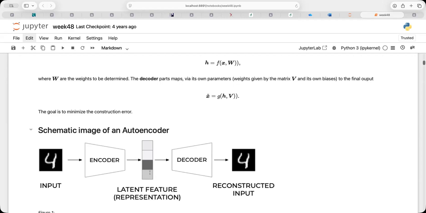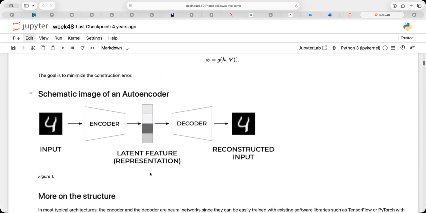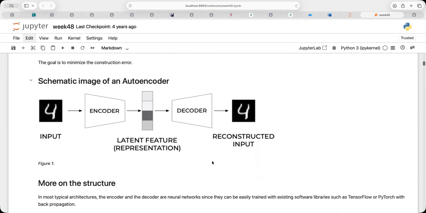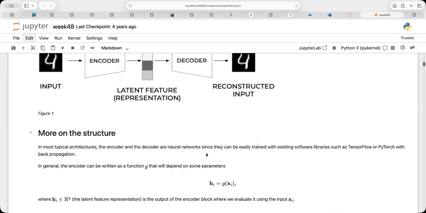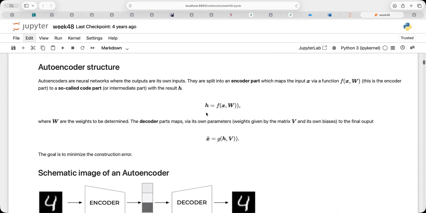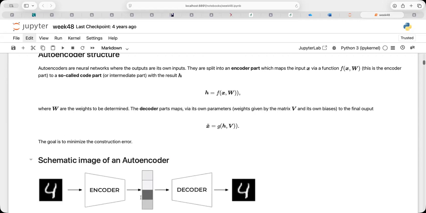So let me quickly say something about this link between the autoencoders and the principal component analysis. In a typical autoencoder, we have a result of the encoding part, which is this H. There can be a weight matrix which links the input X with these latent degrees of freedom.